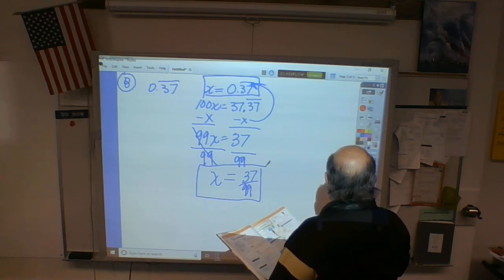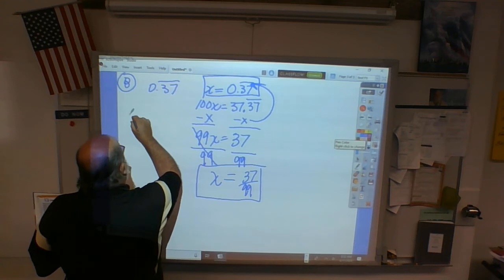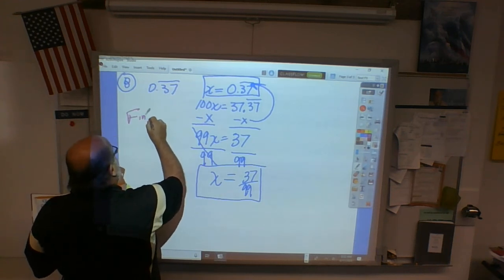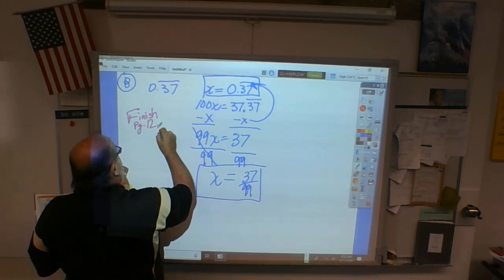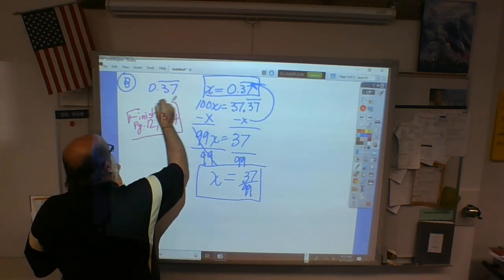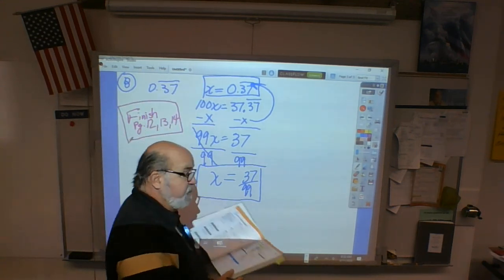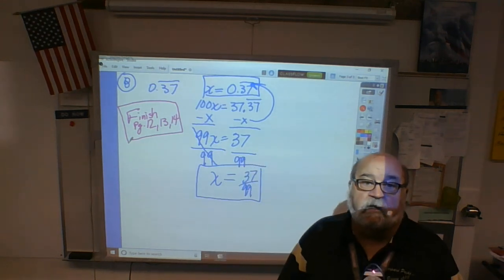And let me put that up here, for clarity for you. Finish pages 12, 13, 14. I will tell you, I would suggest 10 and 11 as well because those will help you be sure to get through this.